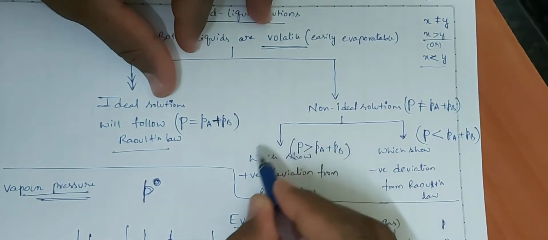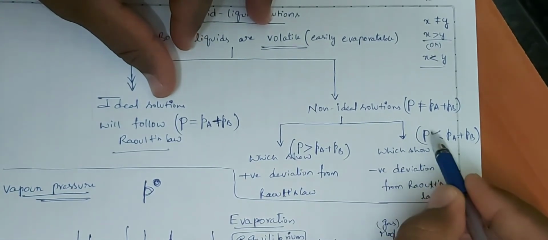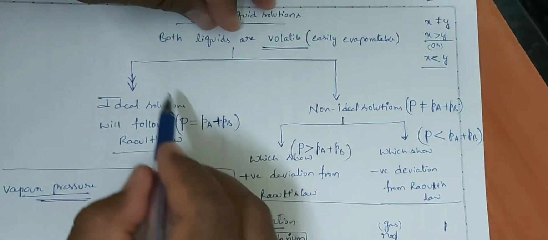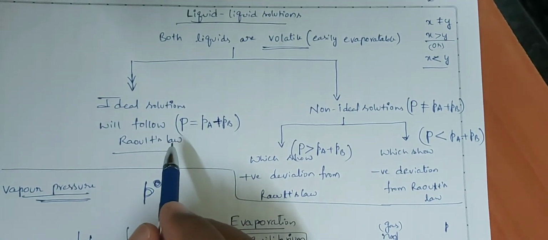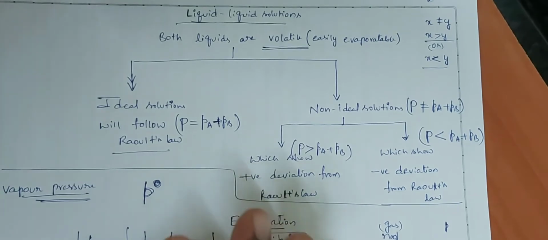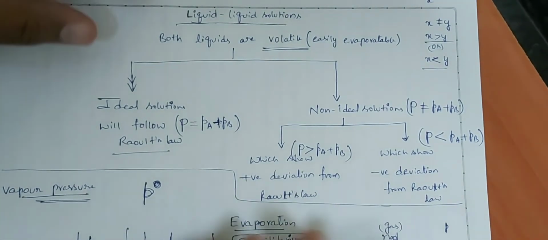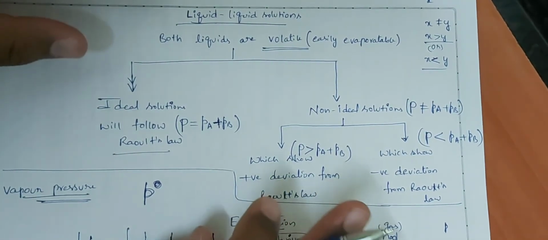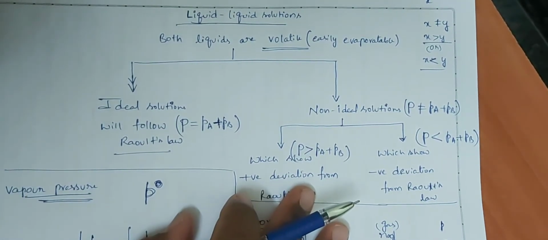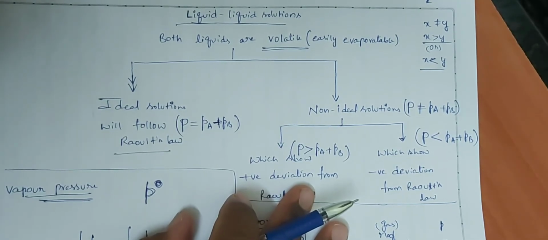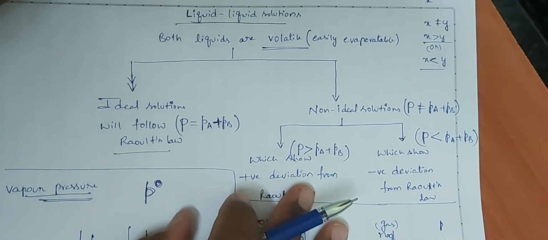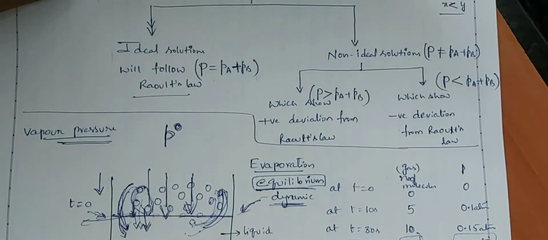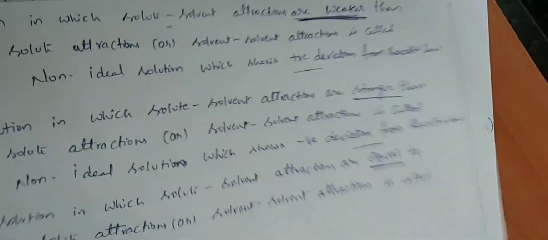This is minimum boiling azeotrope, this is maximum boiling azeotrope. Ideal solutions will not form azeotropic mixtures, simply those are ideal solutions only. This is the complete information about liquid solutions. By this we completed second part of solutions concept, that is liquid solutions regarding Raoult's law, partial vapor pressure, all these things.